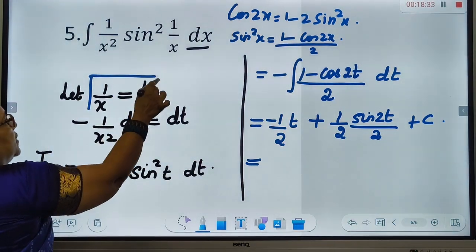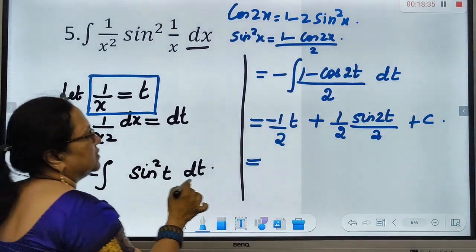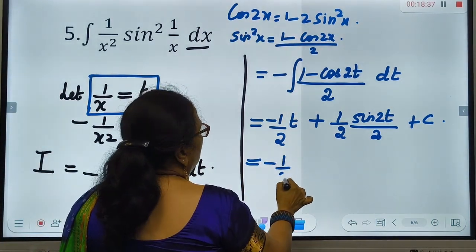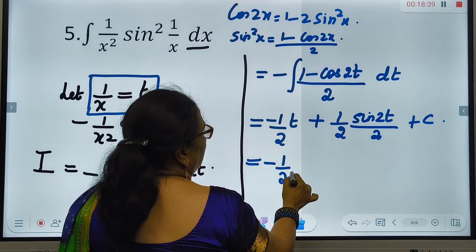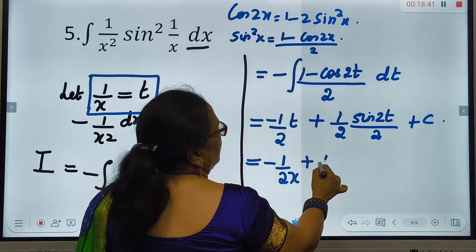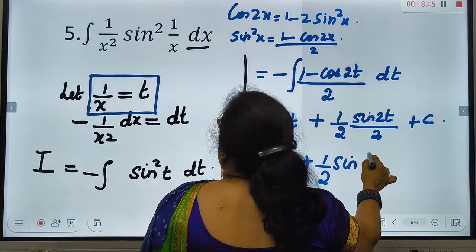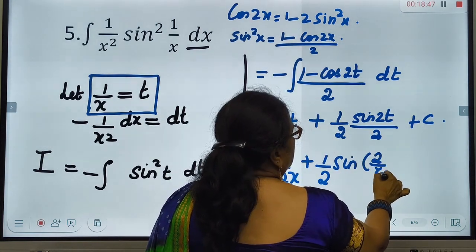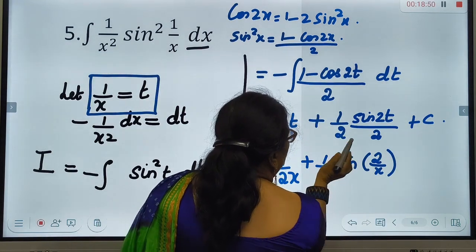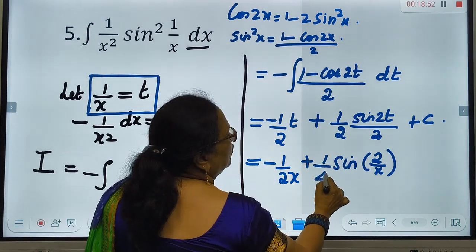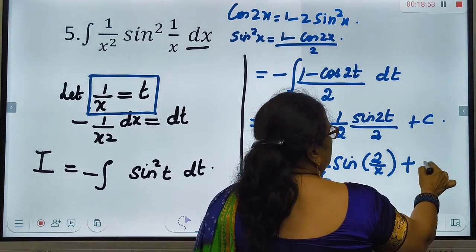What is t? t is equal to 1 by x. So minus 1 by 2, t is 1 by x, plus 1 by 4 into sine of 2 by x plus c.